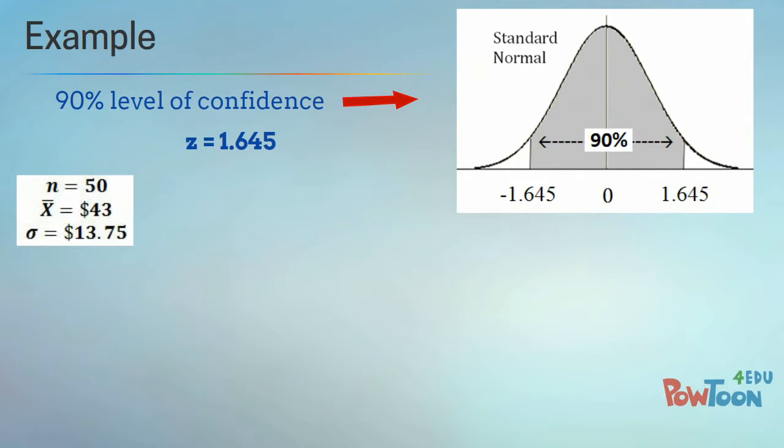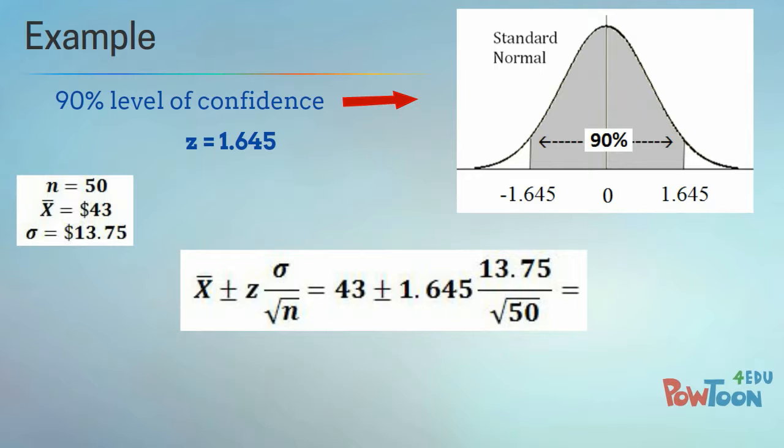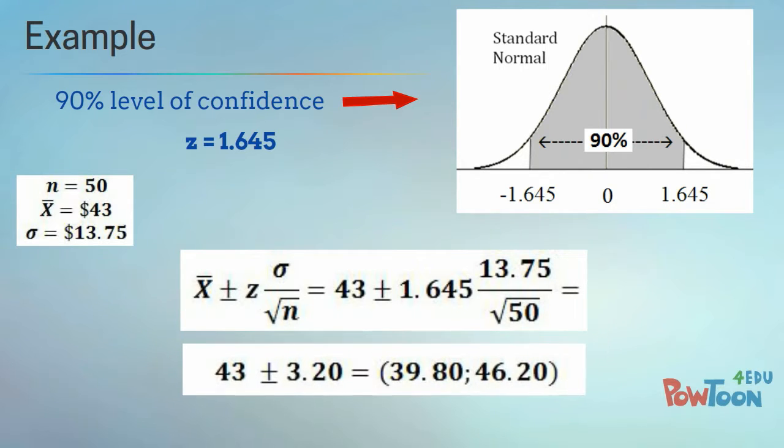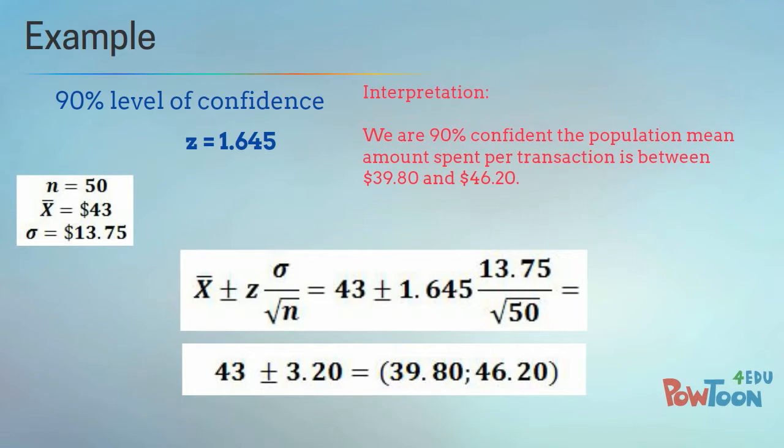In this case, the confidence interval for the population mean mu would be x bar plus or minus z times sigma over the square root of n, which equals 43 plus or minus 1.645 times 13.75 divided by the square root of 50, which equals 43 plus or minus 3.20, which equals a range of 39.8 to 46.2. Thus, we are 90% confident that the population mean amount spent per transaction is between about $39.80 and $46.20.